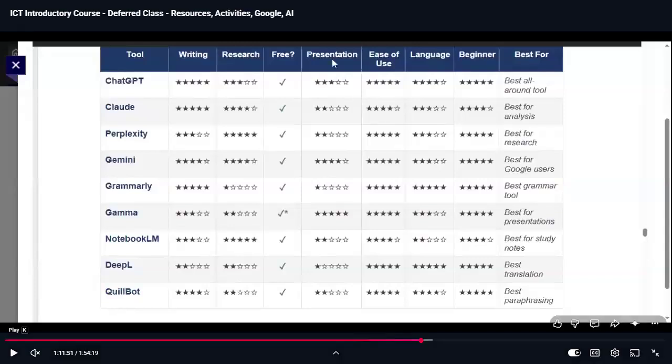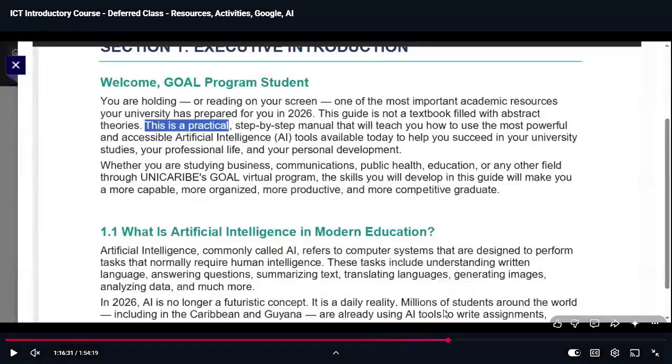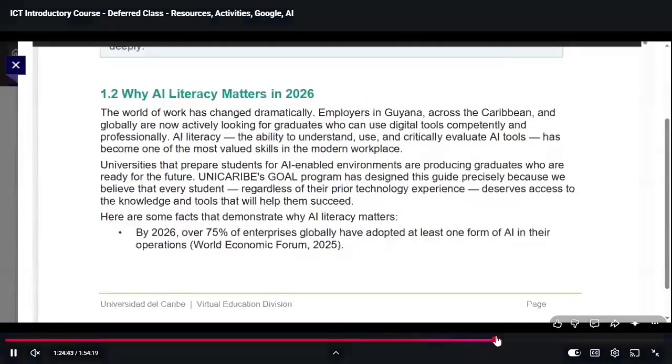Okay, so let's give the respective introduction to the AI tool, talking first of all about the theoretical part. Okay, talking about the practical step-by-step manual that will teach you how to use the most powerful and accessible artificial intelligence tool. And you will see all that in the explanation, in the information that you're going to see in that video.